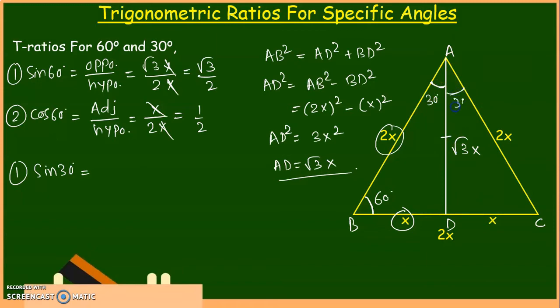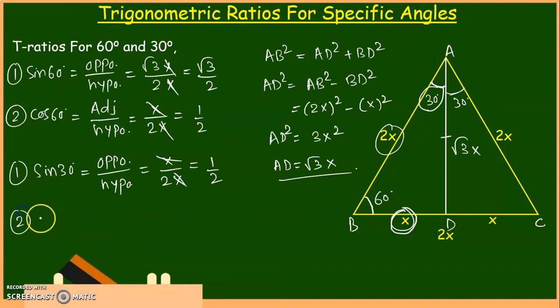So both angles will be equal to 30 degrees. For sine 30 degrees, we take the ratio of opposite side and hypotenuse. For this 30 degree angle, the opposite side is x and the hypotenuse is 2x. So this x is cancelled out, and we get the value of sine 30 degrees as 1 by 2.